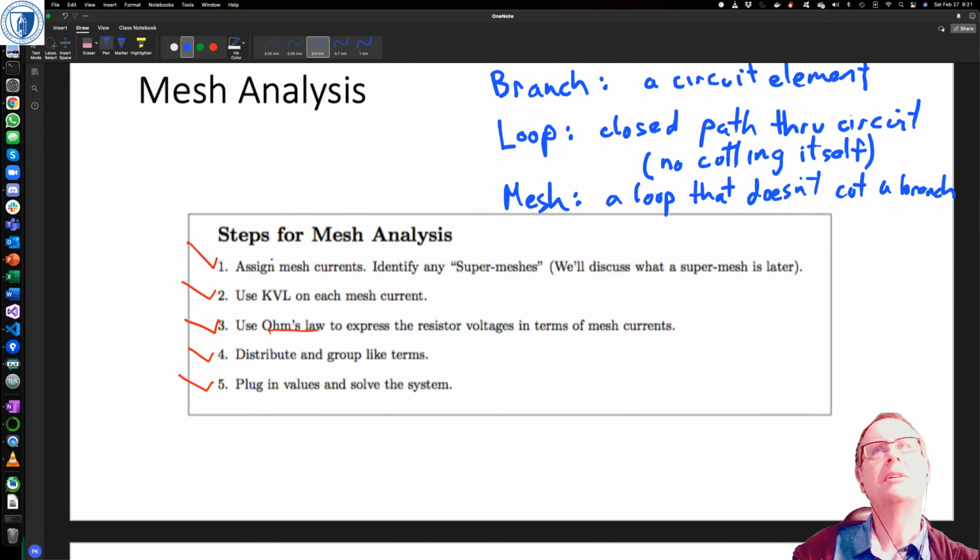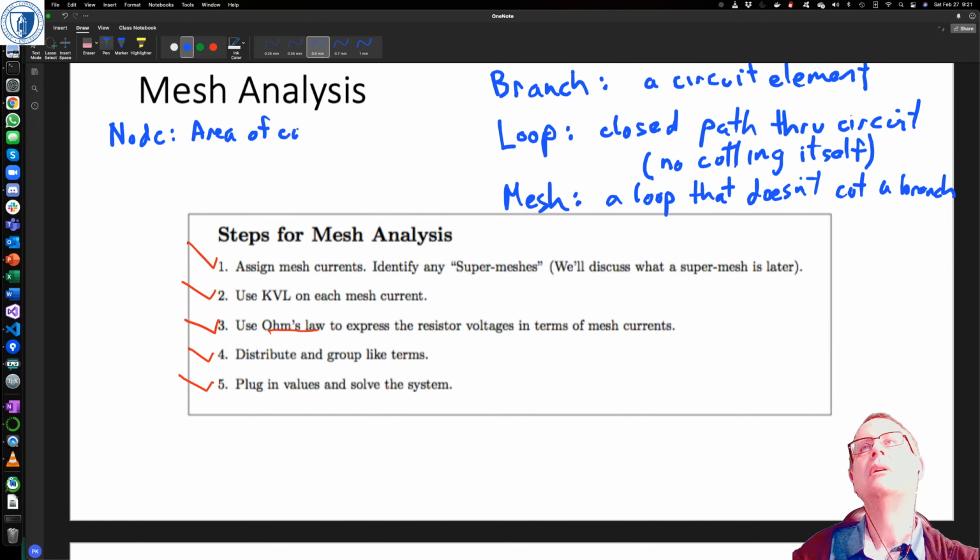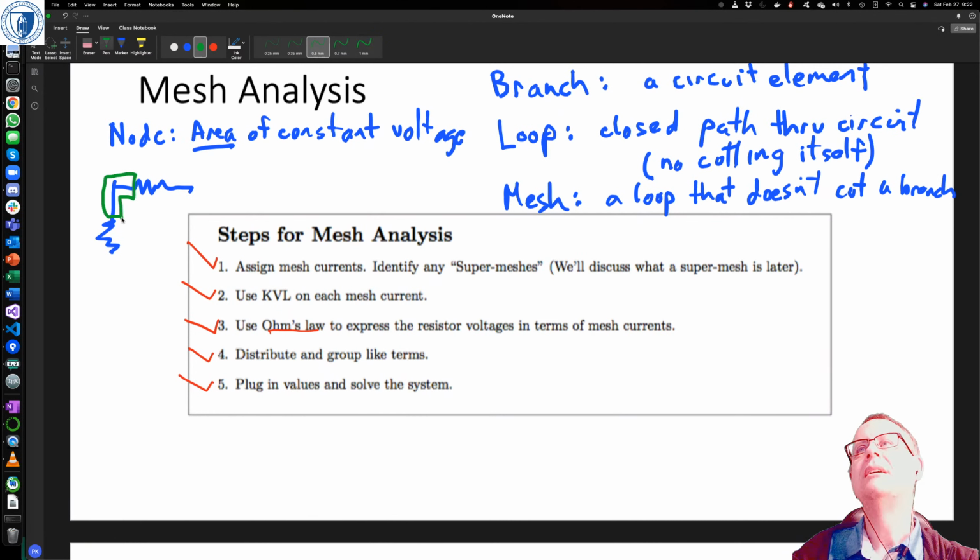And then the other one we talked about that isn't directly relevant to mesh analysis is a node, an area of constant voltage. The funny thing about nodes is even though it's an area of constant voltage, oftentimes I actually usually just draw it as a dot.